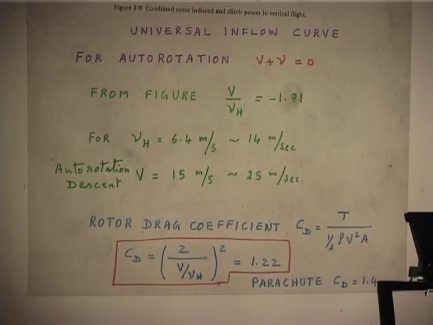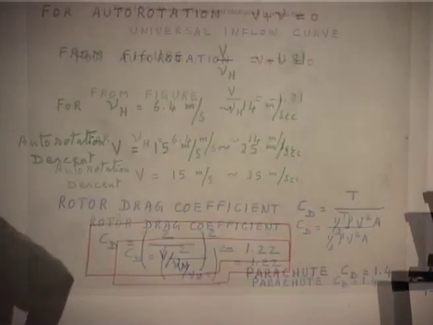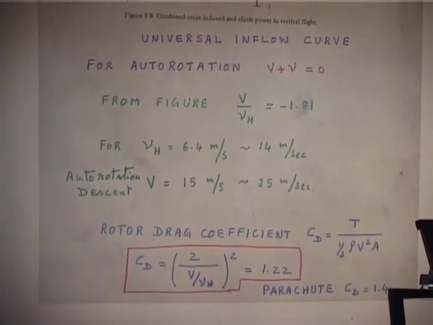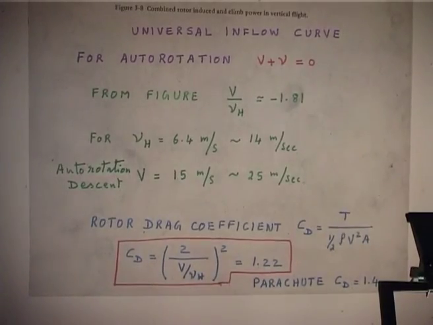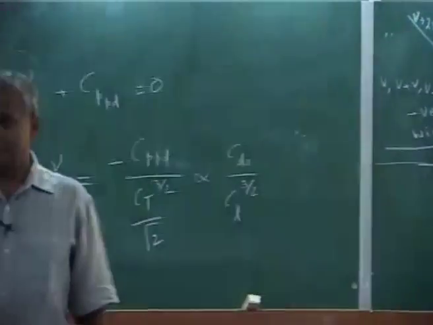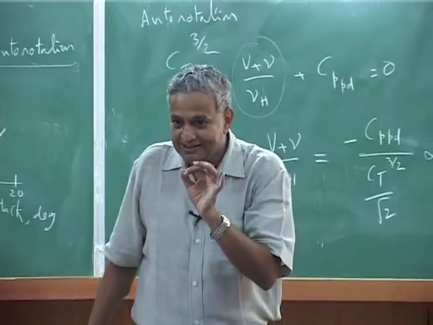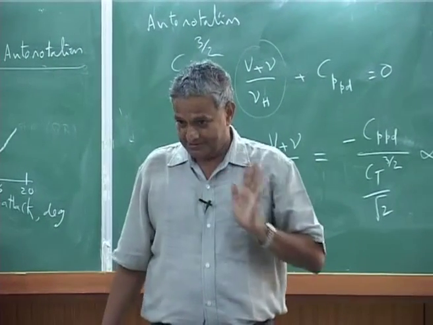So, I will just show that part, and I also mentioned, since you asked about drag, what is the drag coefficient of the rotor? Because the rotor is rotating, thrust is acting up, and this rotor is coming down with a steady velocity.